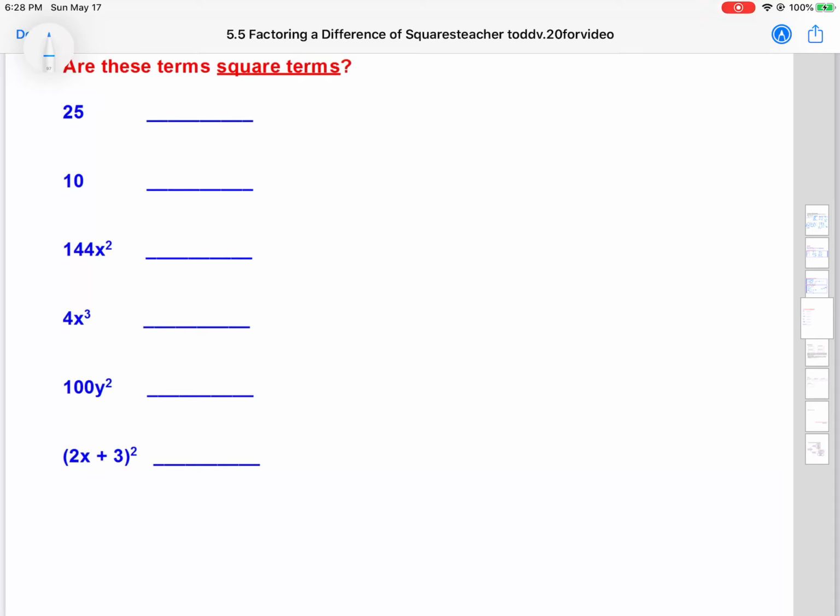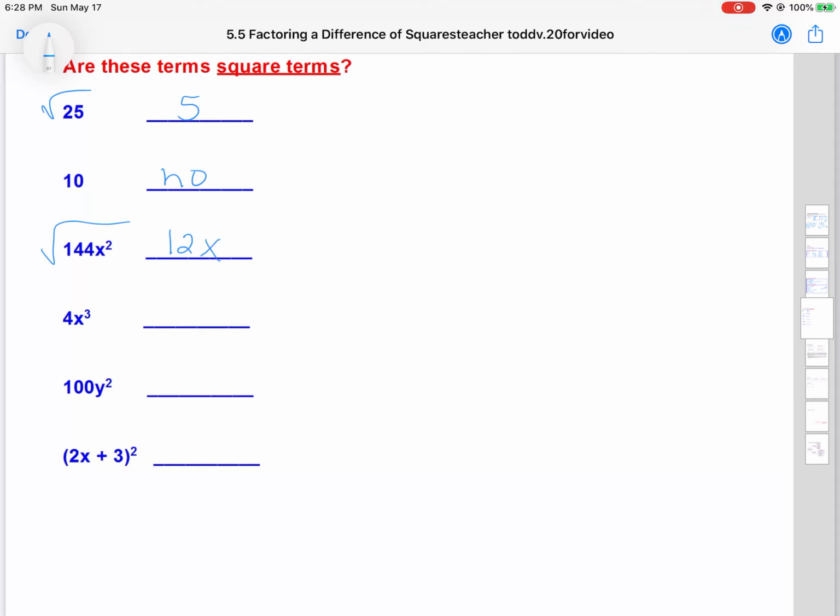Are these square terms? Basically we're looking for whether you can square root these numbers. Can you square root 25? Remember, we're not doing decimals. Similar to factoring, no decimals yet, we want perfect numbers. So yes, you can square root 25. Can you square root 10 evenly? No. Can you square root 144? Yes, you get 12.